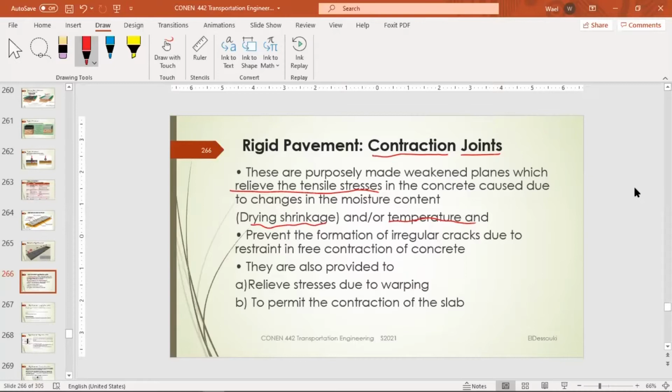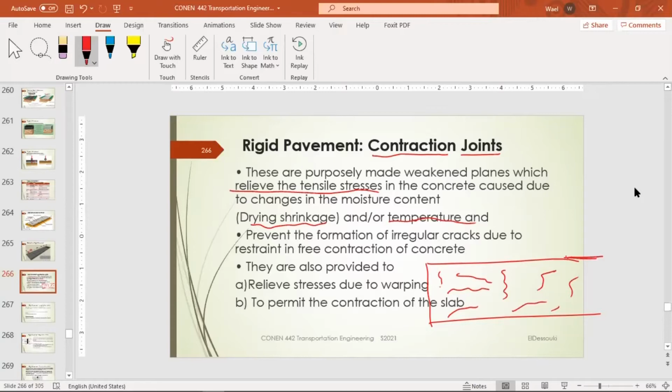For example, if we have this large surface of concrete and we don't make contraction joints, we will have cracks like this, randomly generated, when the concrete starts curing and drying, or maybe due to temperature changes.